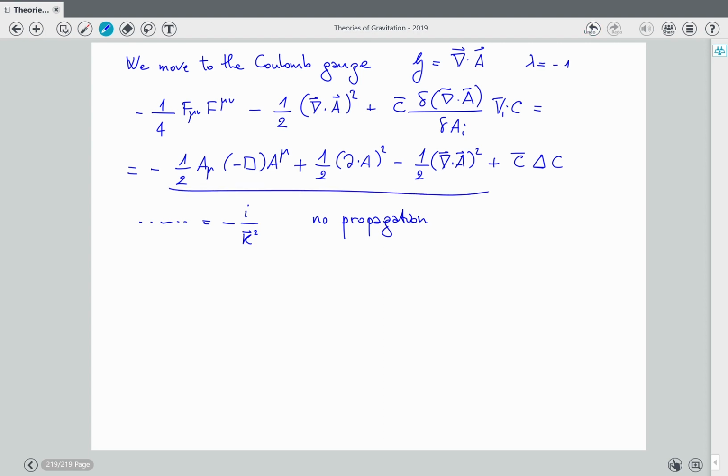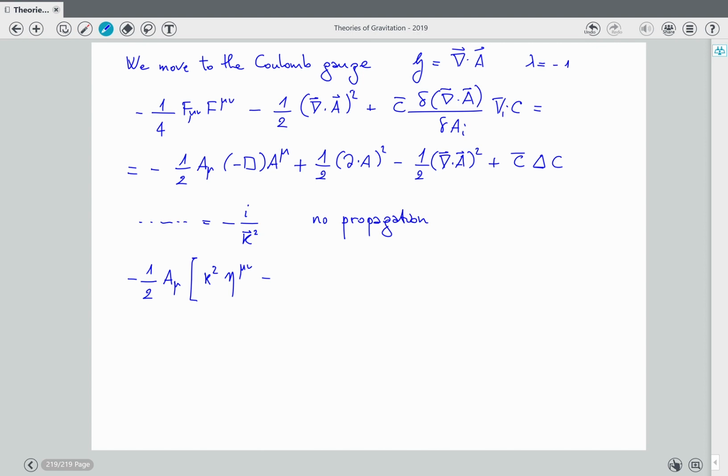Let's see the propagator of the rest. The rest is minus 1/2 A mu in momentum space. Well, what do you have there? Minus box is k squared. Then you have the identity eta mu nu.